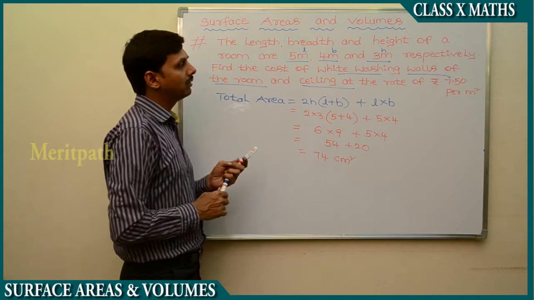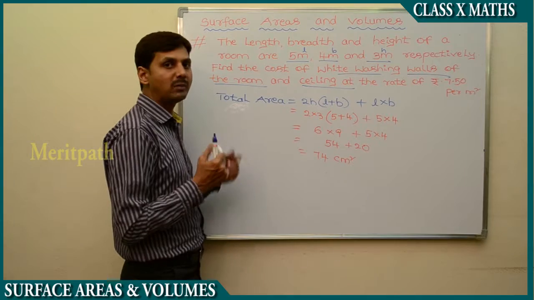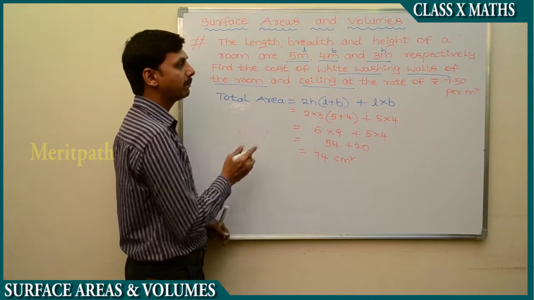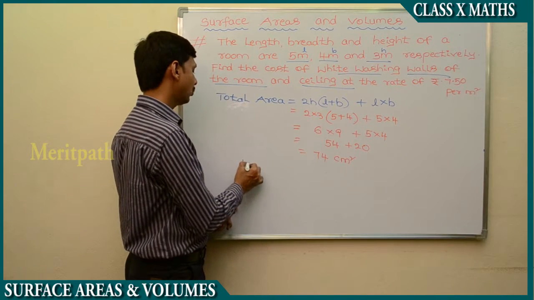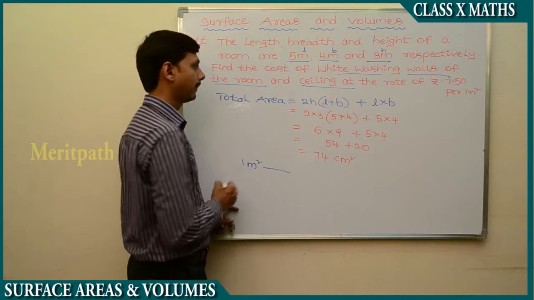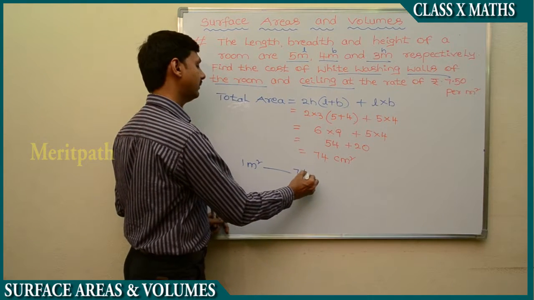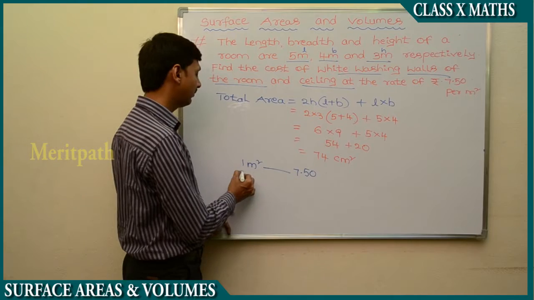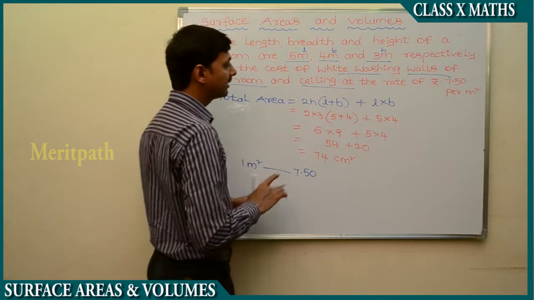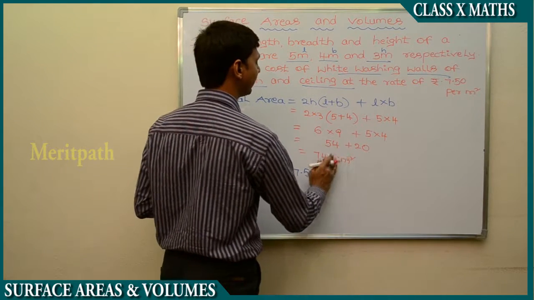So we need to find out the cost, how much it takes. 1 square meter costs 7 rupees 50 paise. Here we have 74 square meters, since all measurements are given in meters.